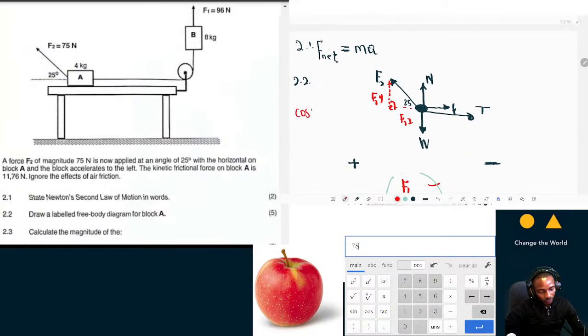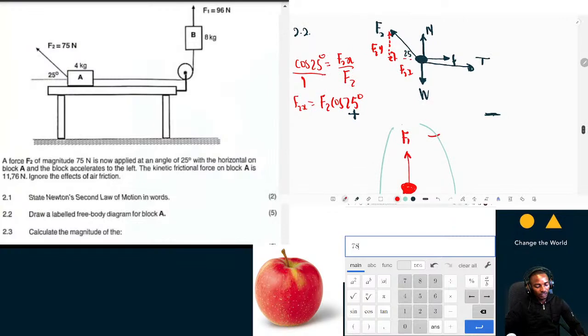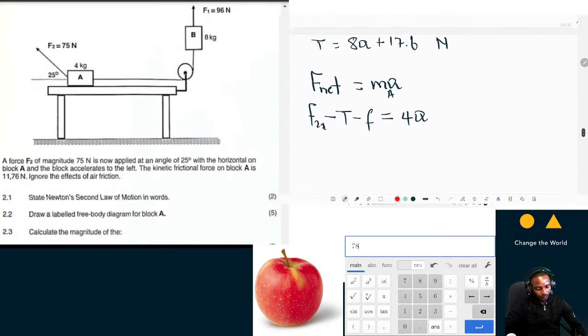Cos of 25 degrees will be equal to F2x over F2. Then F2x will be equal to F2 cos 25 degrees. So in place of F2x, I'm going to put F2 cos 25 degrees.